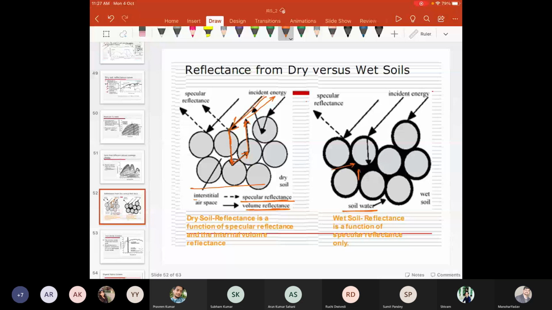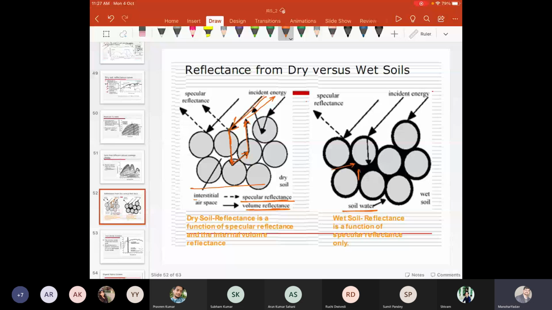The question is, when we analyze the soil at the particle level, in case of larger diameter of the particles that constitute soil, there are pronounced interstitial voids.